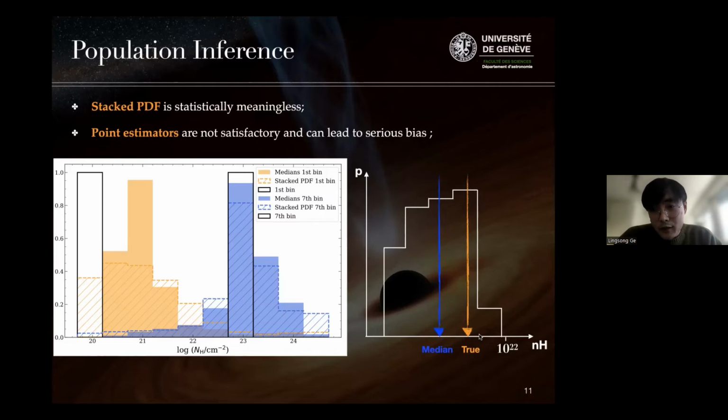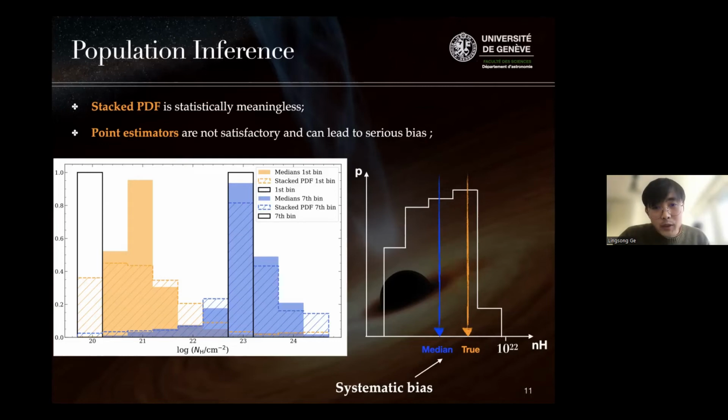So you change NH to even smaller, the spectrum doesn't feel it. So that's why it's really difficult to constrain NH when it's in the unabsorbed region. I call this systematic bias because it's determined by the nature of the X-ray spectrum. So it's very difficult to take care of this bias.